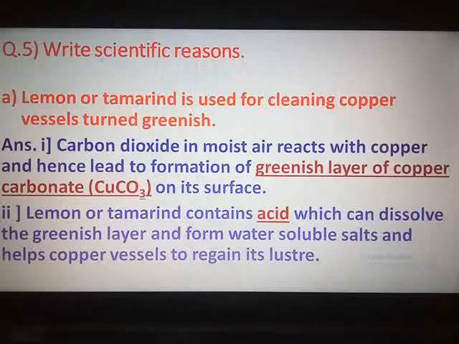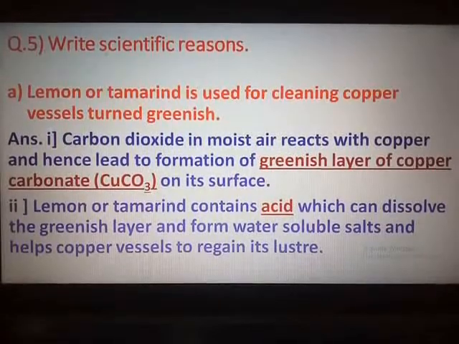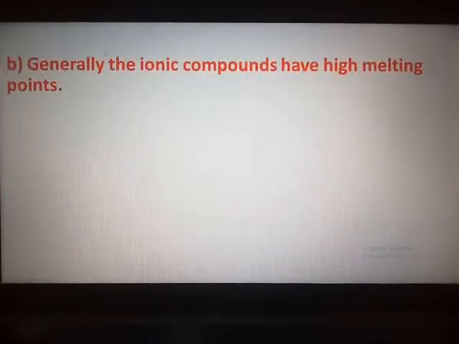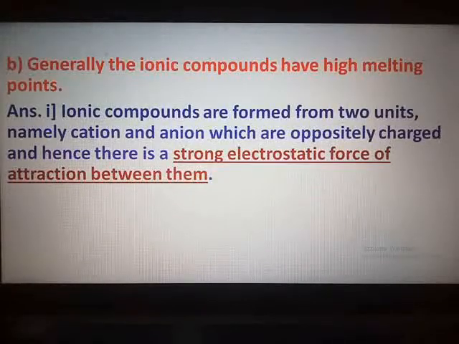We move towards question number 5b. Give reason number 2. Generally, the ionic compounds have high melting points. For the answer, refer page number 98 and 99 of your textbook. Point number 1 is on page number 98 under the heading Ionic Compounds in pink color.